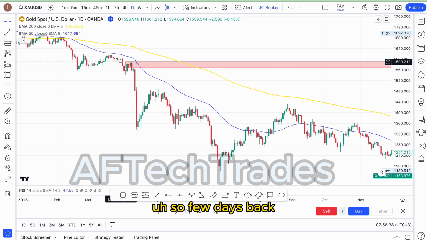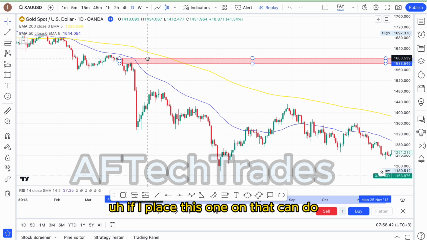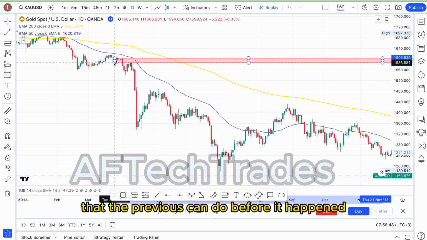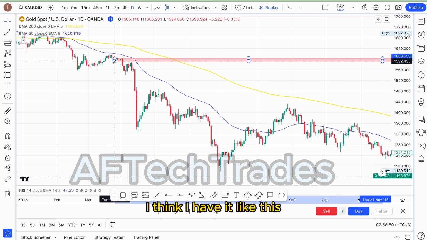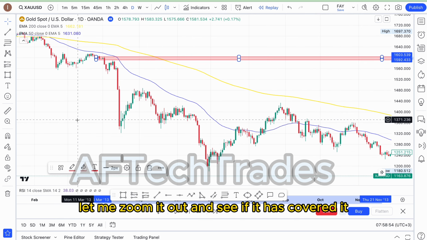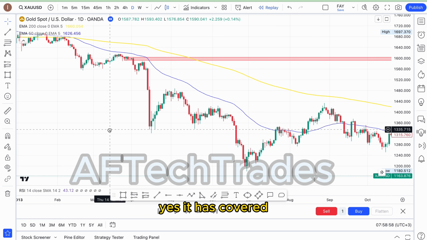Some few days back there was a momentum candle here. If I place this one on that candle, that's the previous candle before it happened. I think I have it like this. Let me zoom it out and see if it has covered it. Yes, it has covered it.